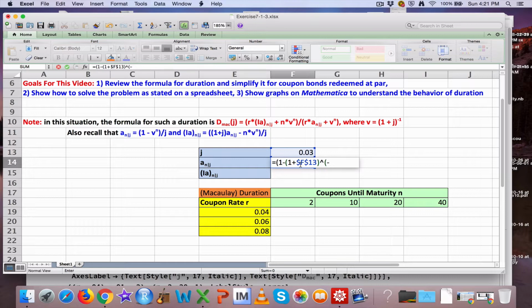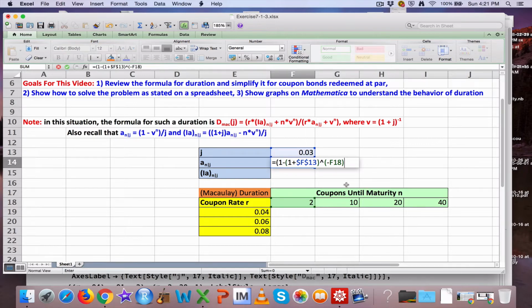I need a negative power because, again, v is 1 plus j to the negative 1. I want to raise v to the n, which is down in cell F18, but I need that negative sign because v is 1 plus j to the negative 1 power. What will happen if I put just an F18 without dollar signs and I copy and paste it to the right?